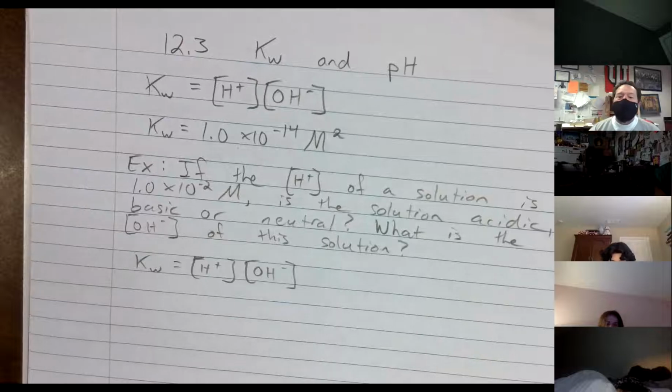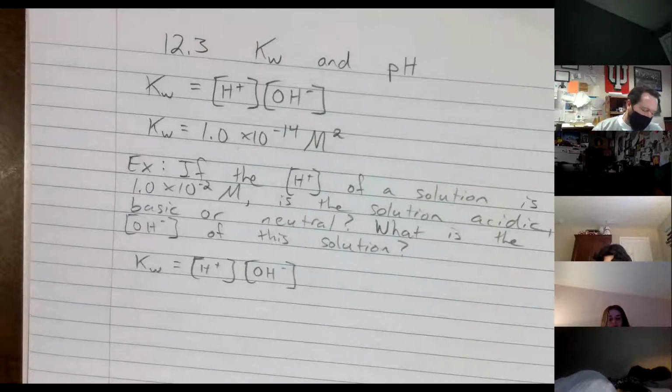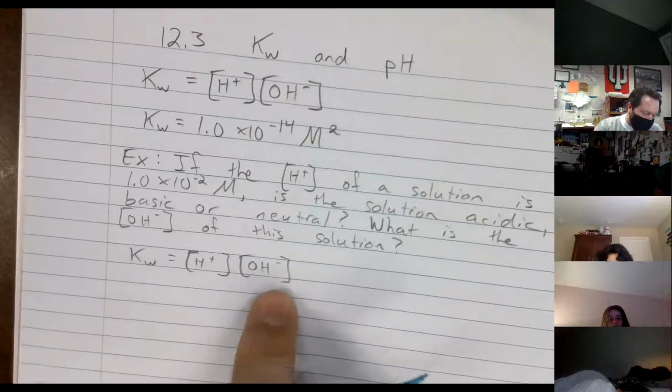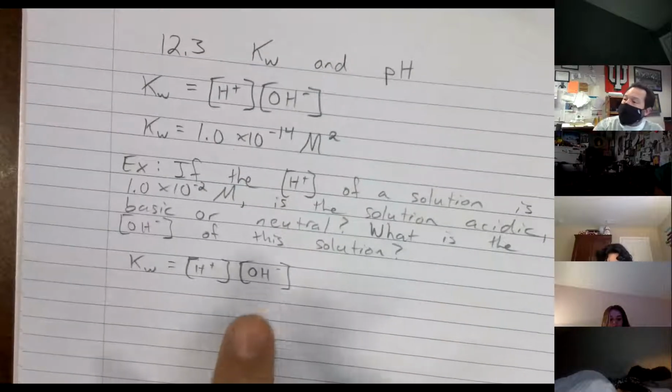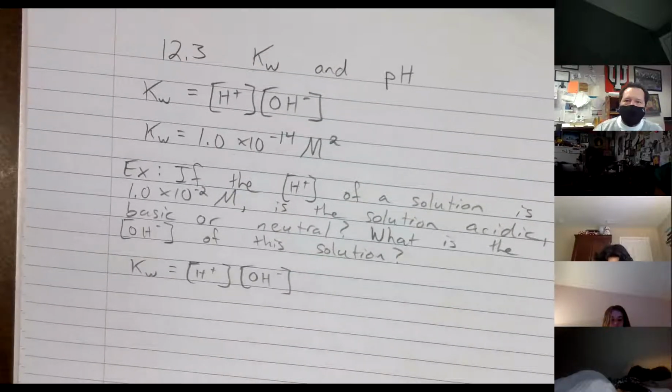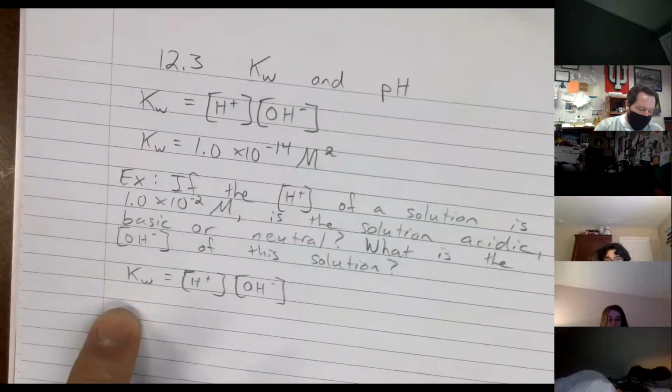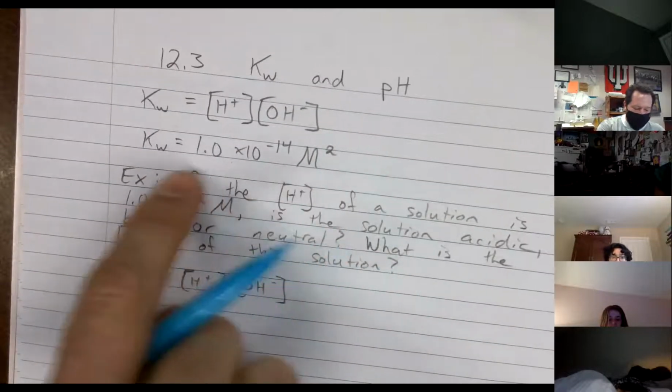Guys, get in the habit of isolating your variables first. Don't just plug in numbers. That gets confusing sometimes. You kind of forget what number is doing what, where, when, and why. So get in the habit of isolating your variables. We're looking for the hydroxide ion concentration. That's what we want. We know the KW, that's a constant, that's always this number here.